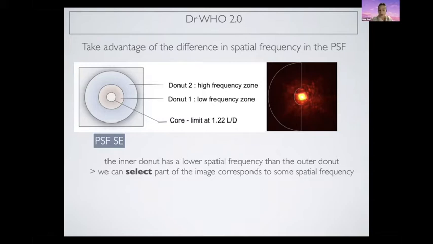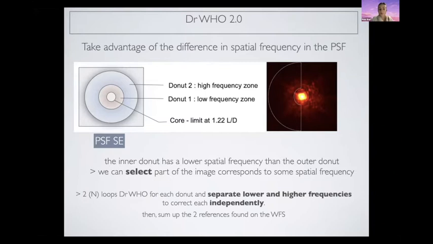So as I said, the inner donut has a lower spatial frequency than the outer donut, so we can actually select the part of the image corresponding to the spatial frequencies that we want on the wavefront sensor image. Here we have two loops in this example, two loops of that Drwho algorithm, one for each donut, the inner one and the outer one.